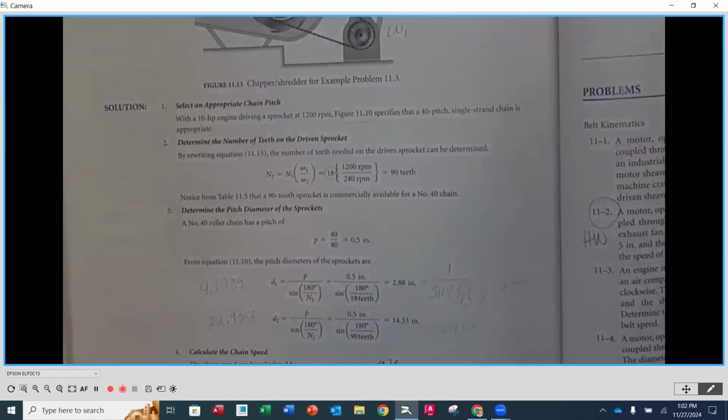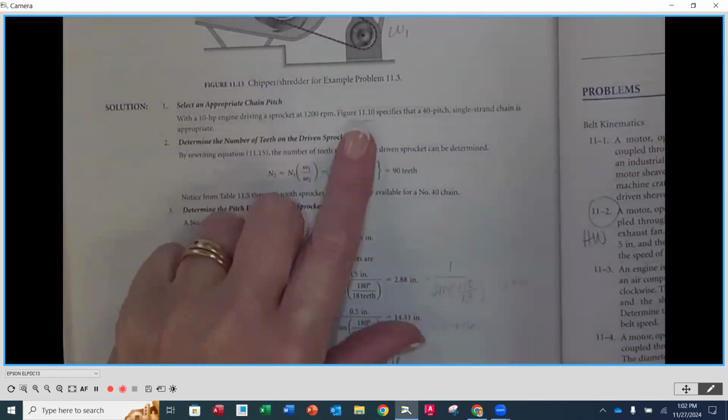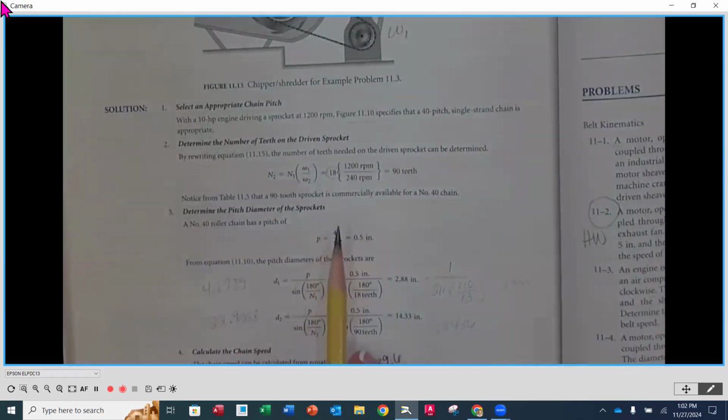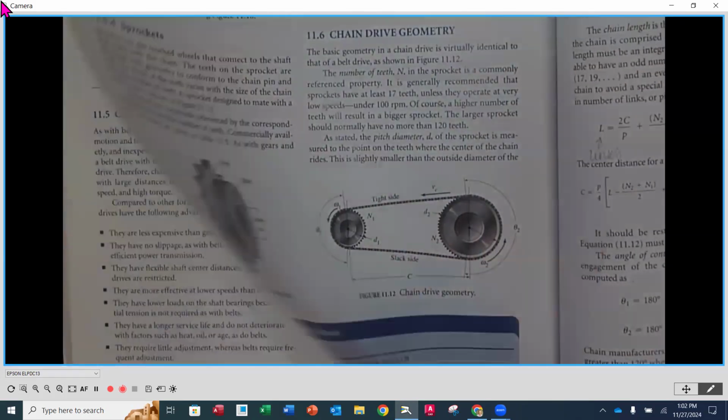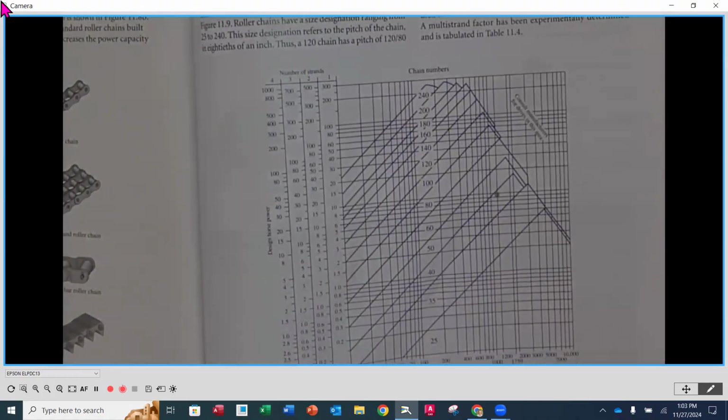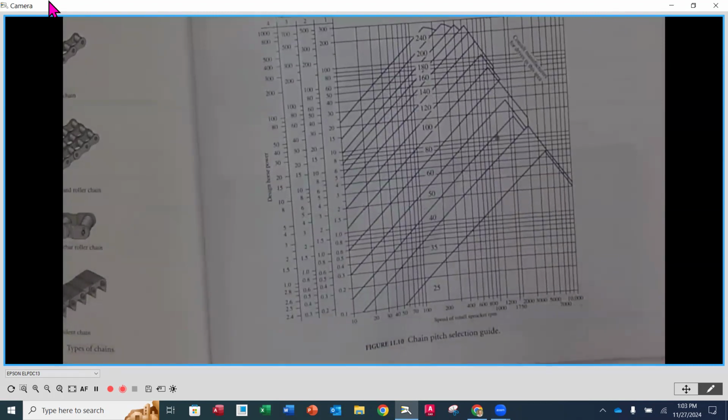Well, let's find out how they got that. They used figure 11.10, which is on page 309. We didn't reference this when we were talking because it just wasn't part of it, but this is where we pick out the actual size of the chain.